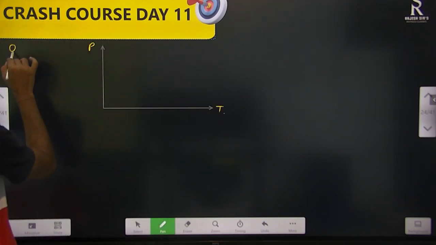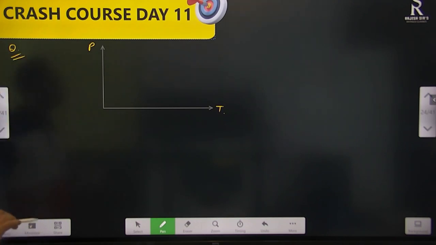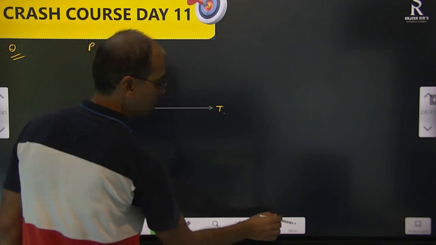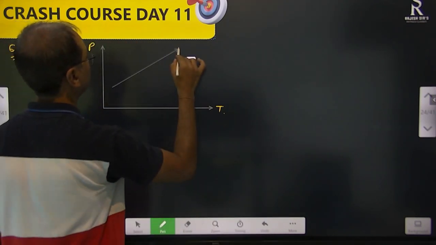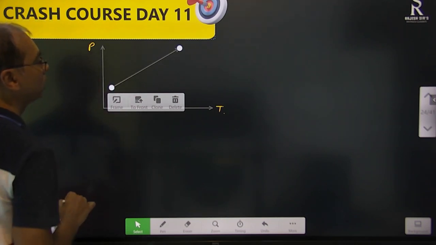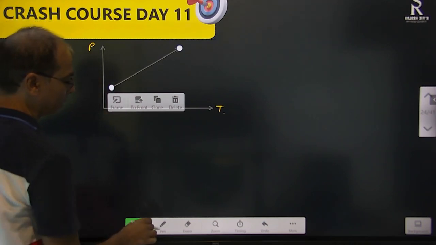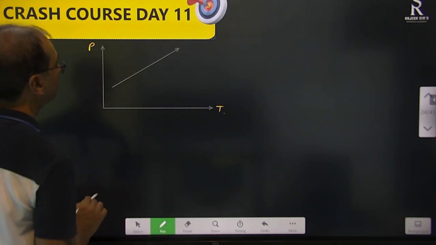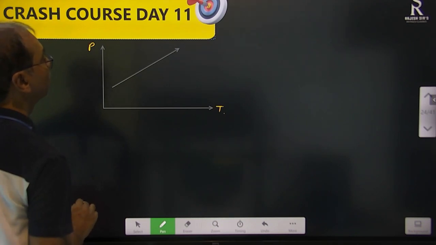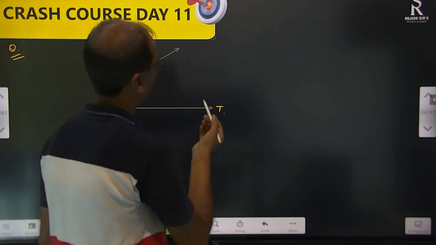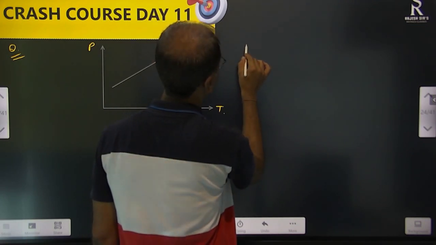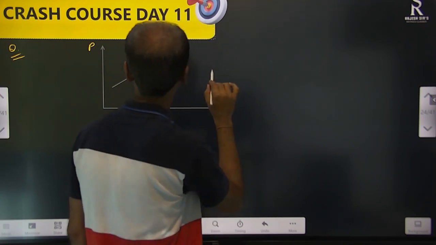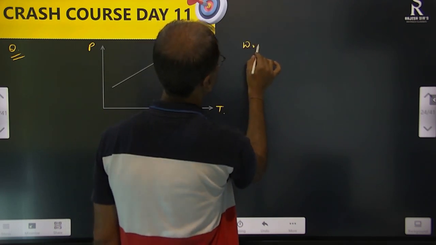This is the PT graph now, and the graph is like this. Similar to the one we did right now, no? In the VT graph, same way it is. Now in this one, you have to tell me about volume. What the process is, first of all. Write about the process.